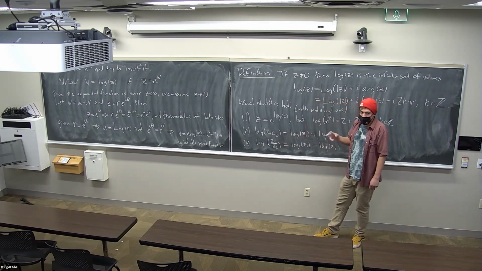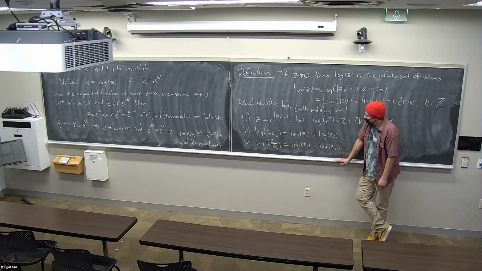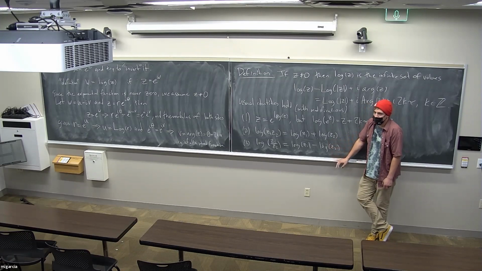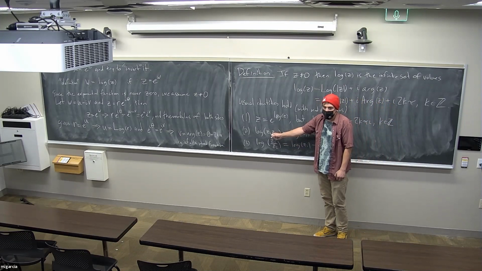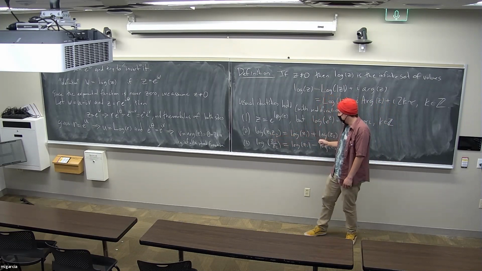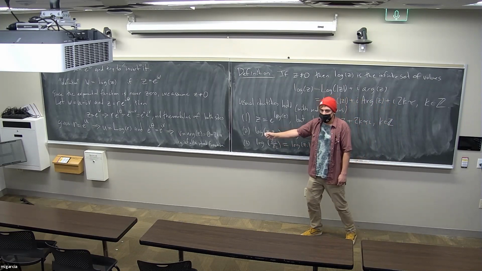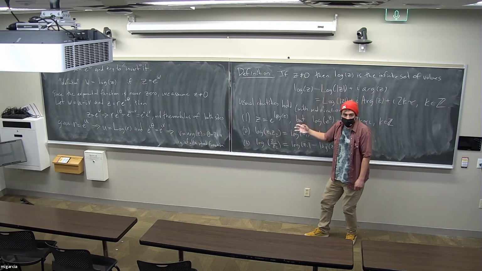If any two of them are specified, let's say I specify what particular log of z1 I meant, and what particular log of z2 I meant, then one of the infinitely many values that log of z1 z2 takes will satisfy this equation. If I specify any two of these three values, one of the infinite values of the remaining one will make this a true equation.